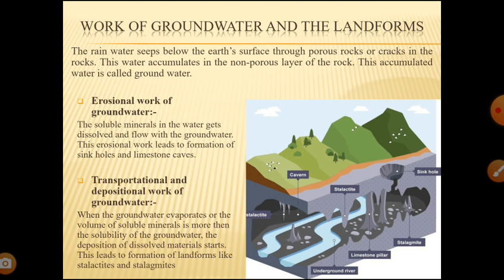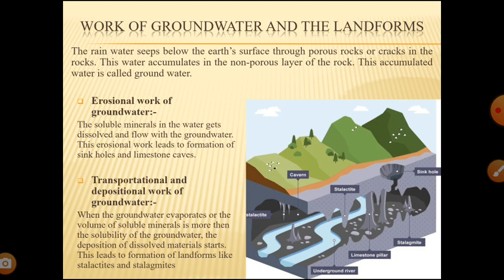Erosional work of groundwater. The soluble minerals in the rock get dissolved and flow with the groundwater. This erosion work leads to formation of sinkholes and limestone caves. You can see the diagram, children.